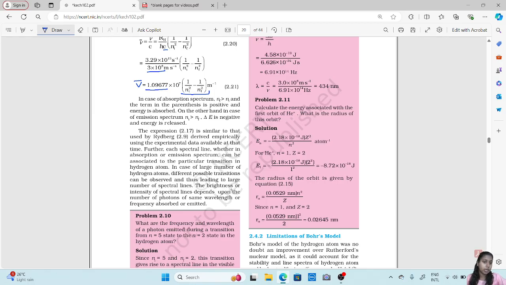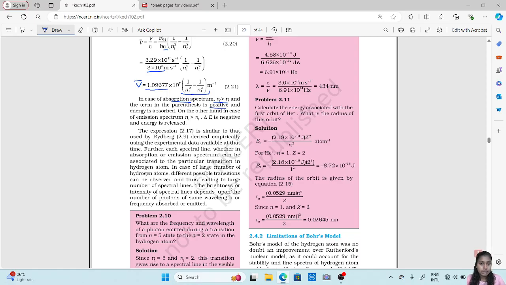Whenever an electron absorbs energy, it moves from lower to higher. That's why the final one will be greater than the initial one, and delta E is positive because energy is absorbed.